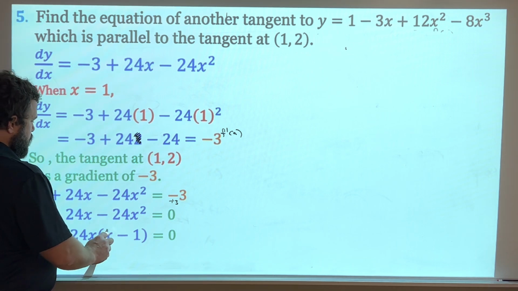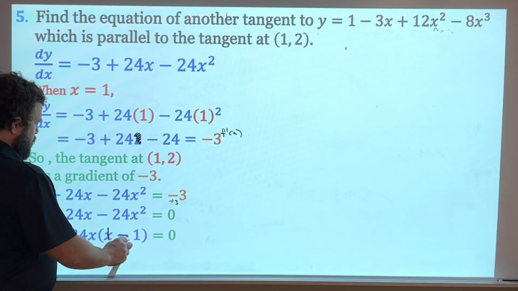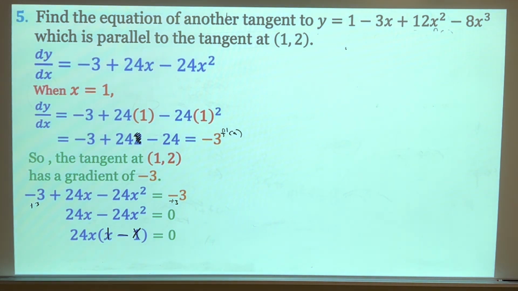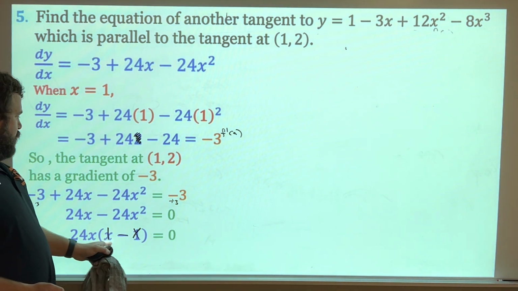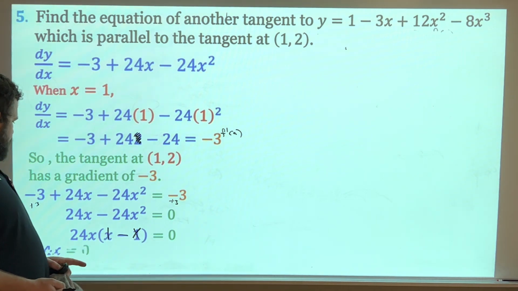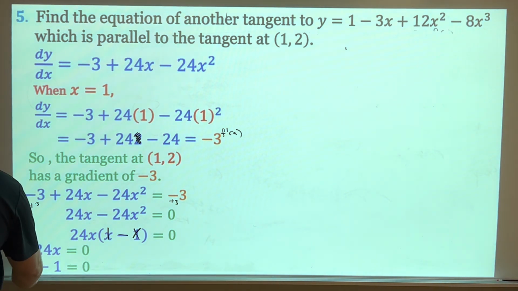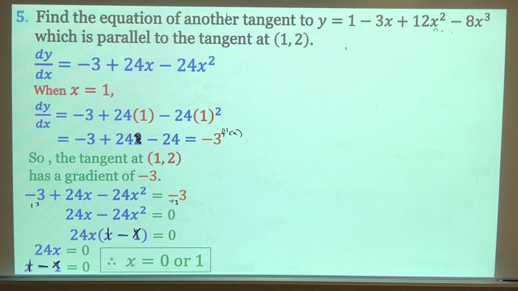This should say 1 minus x. I got that backwards. All right, so I got 24x and 1 minus x equals 0. I set 24x equal to 0. x equals 0. And I set 1 minus x equals 0. It doesn't matter which way it is. So x equals two things. It equals 0, or if I add x to both sides, it equals 1.